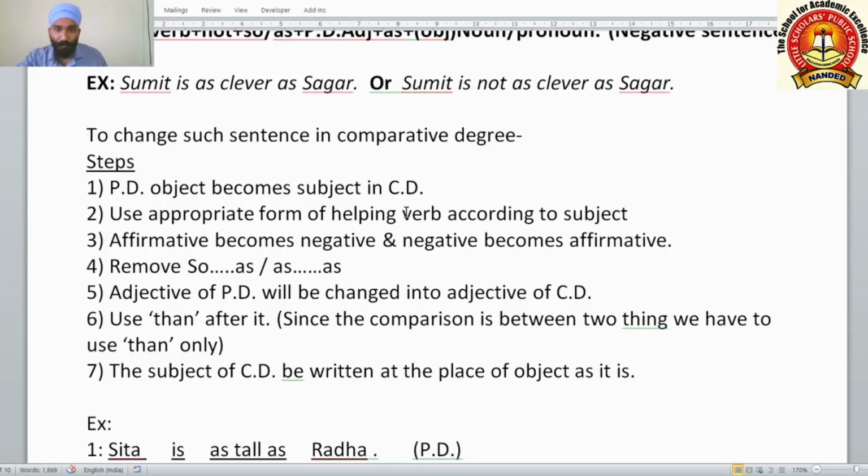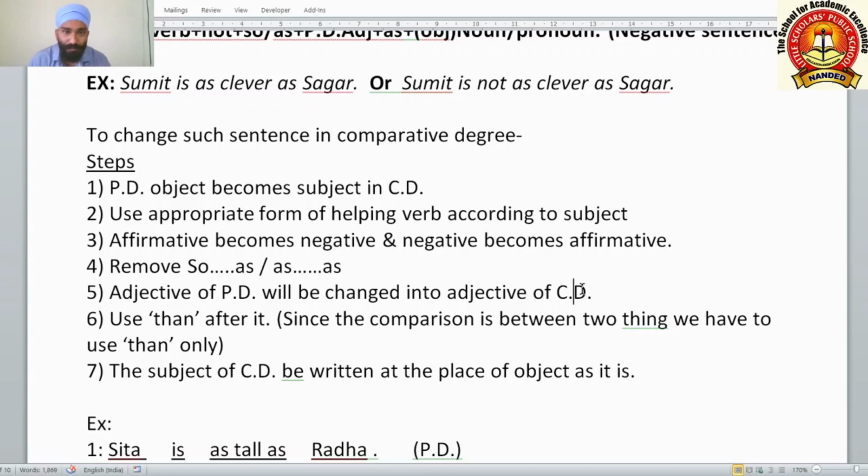Use the appropriate form of helping verb according to the subject. Affirmative becomes negative and negative becomes affirmative. Remove so as. The adjective of positive degree will be changed into the adjective of comparative degree, means from smart, smarter, smartest.